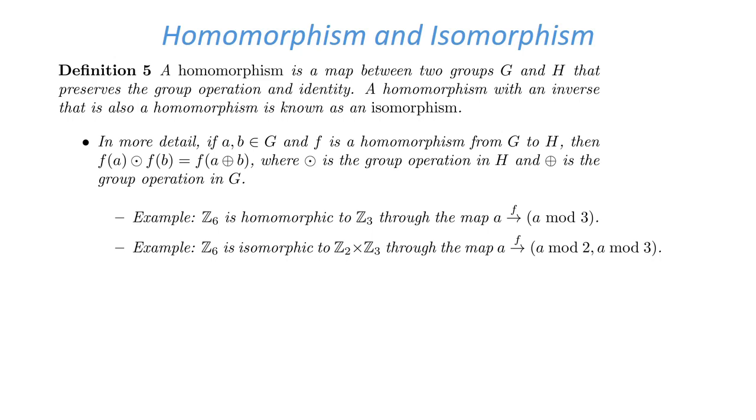An example is Z6 is homomorphic to Z3 through the map A maps to A modulo 3. Why is this true? Let us verify this. Let us look at the elements in Z6.